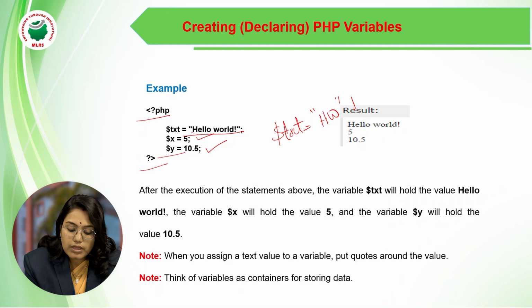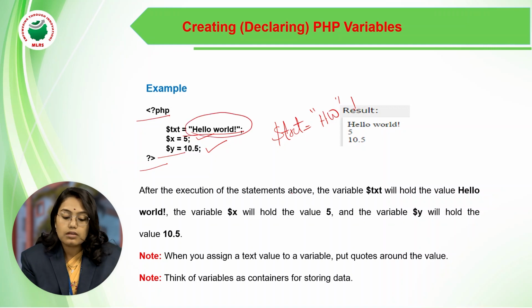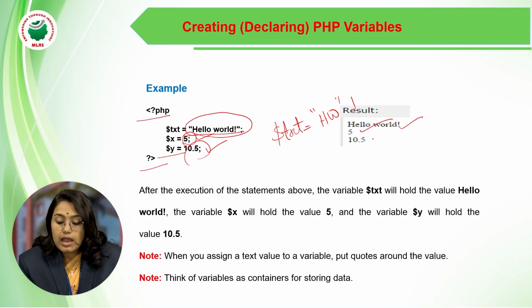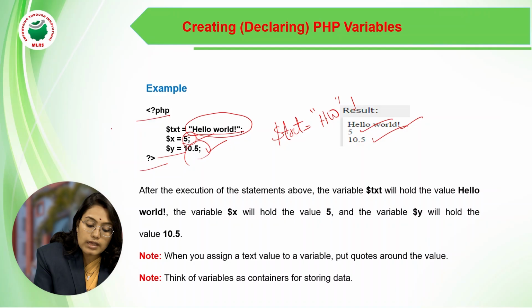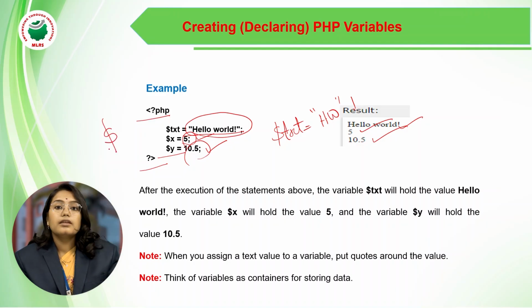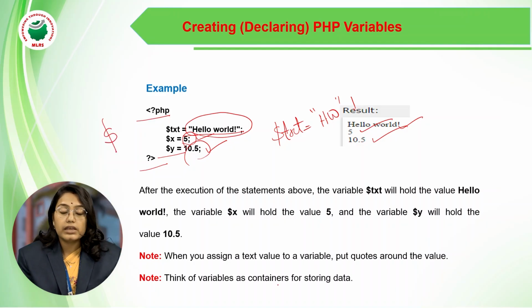Whatever variables we have given here will be displayed as output: hello world, 5 and 10.5, because each and every variable here starts with the dollar sign, that's why it is considered a variable.